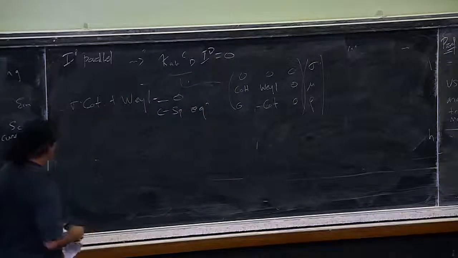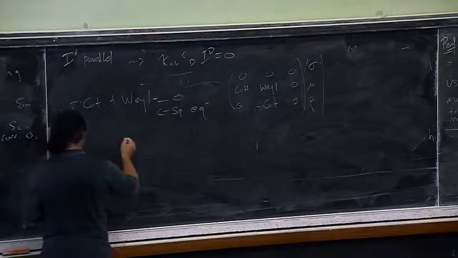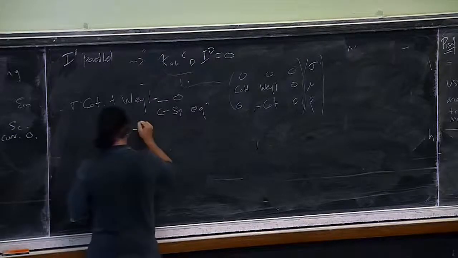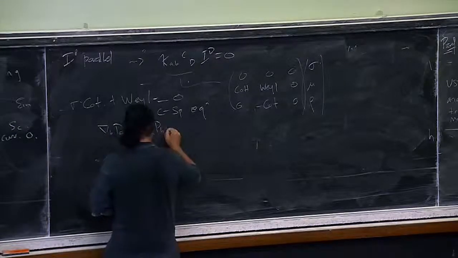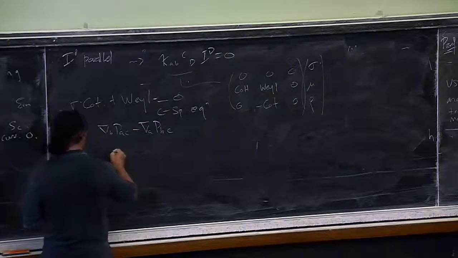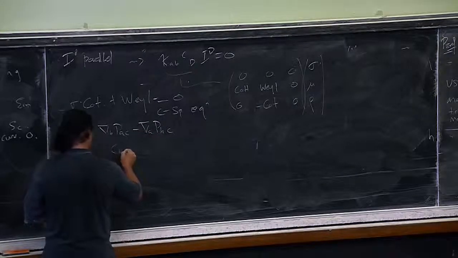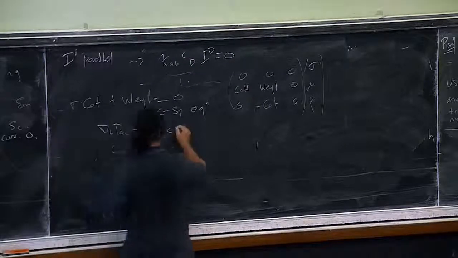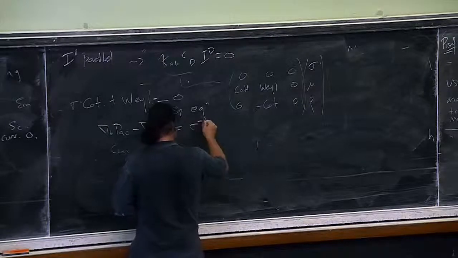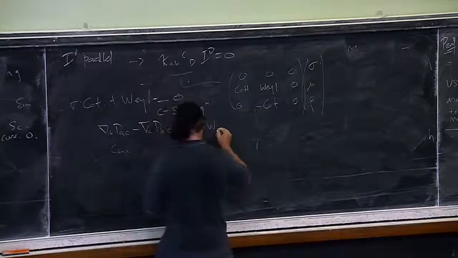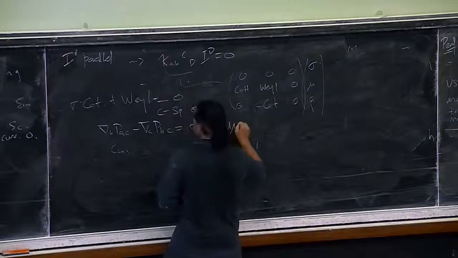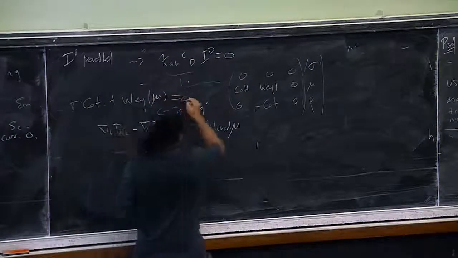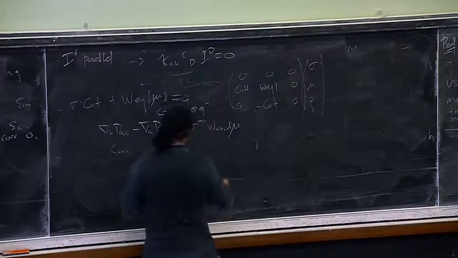Or writing what the Cotton is in terms of the Schouten tensor, we get grad B P_AC minus grad A P_BC, probably BAC in my notation. So dividing by sigma, this is equal to sigma to the minus 1 times the Weyl tensor W_ABCD hooked into mu equals 0. So the Weyl hits the mu and the sigma hits that.